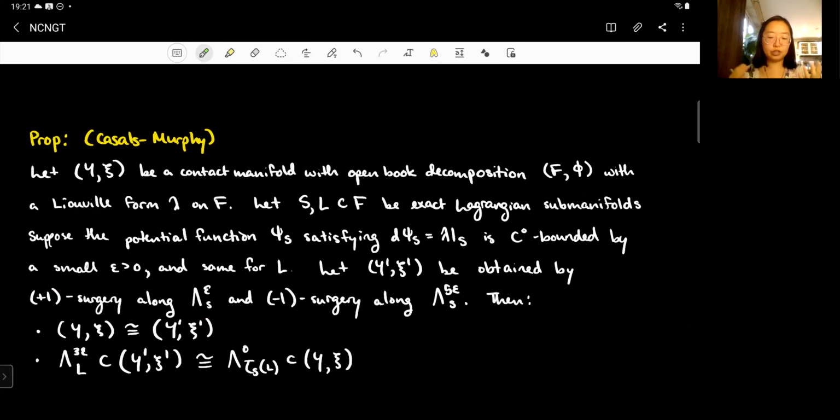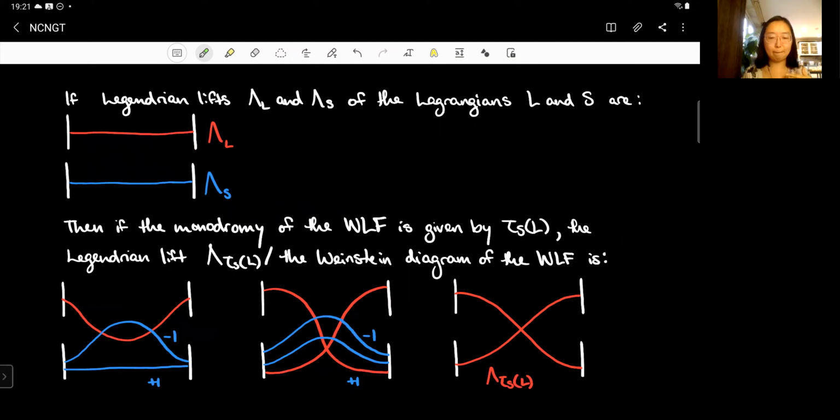So if I have Lagrangian lifts of Lagrangians L and S in a generic fiber as follows, then if the monodromy of the Weinstein-Lefschetz fibration is given by tau S of L, the Weinstein diagram of the Weinstein-Lefschetz fibration is going to be given by the following.